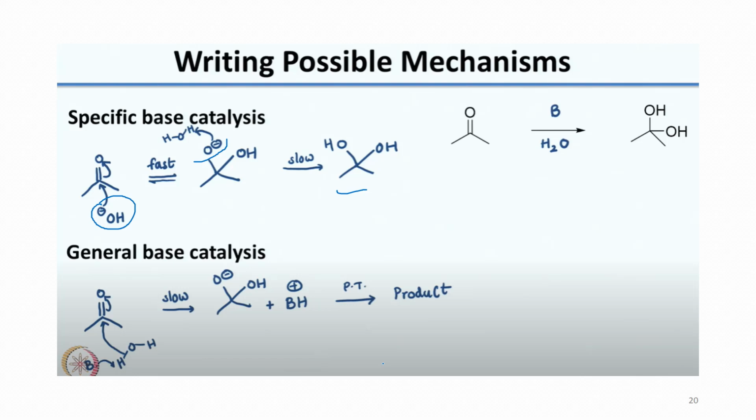In the case of a specific acid or base catalyzed reaction, the acid or base is directly involved in the first step, which is not the rate determining step, and it is followed by the rate determining step.